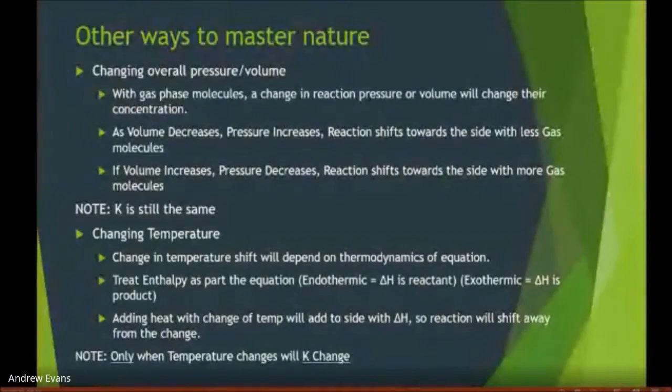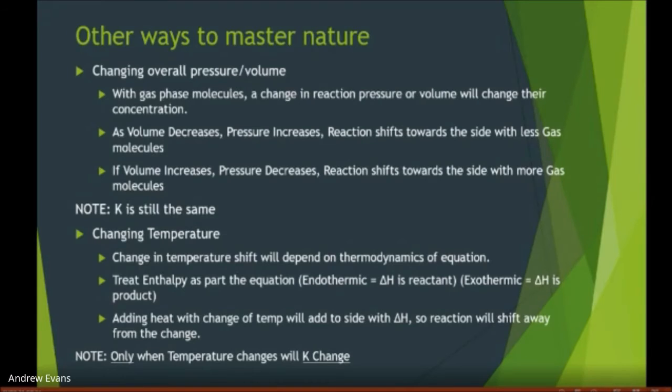Now, the other way is by changing the temperature. Now, this is the only time when K will change because K is dependent on temperature. It is a thermodynamic process. Now, how do we figure this out? We have to look at the thermodynamics of the system.